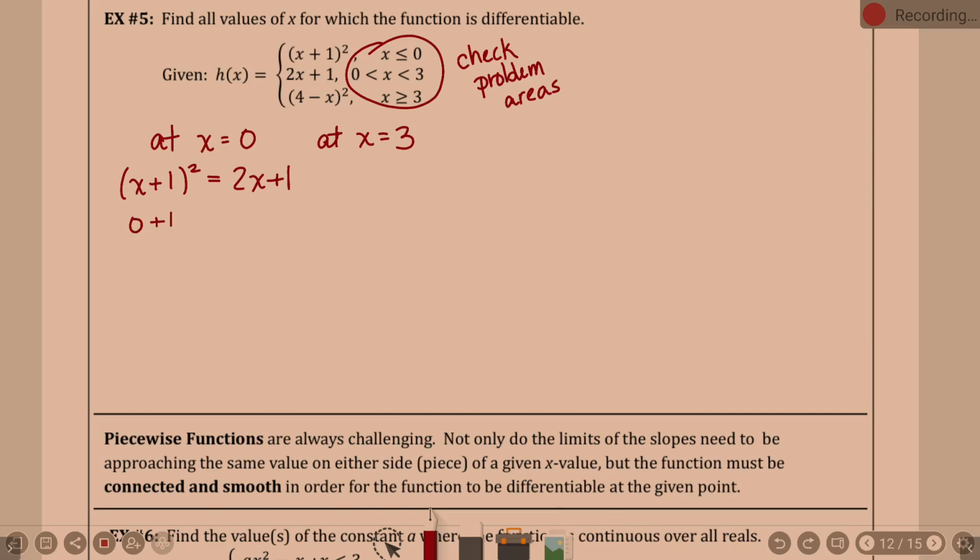What do we end up with? 1 equals 1? Okay. So there, it's at least continuous at 1, yes?